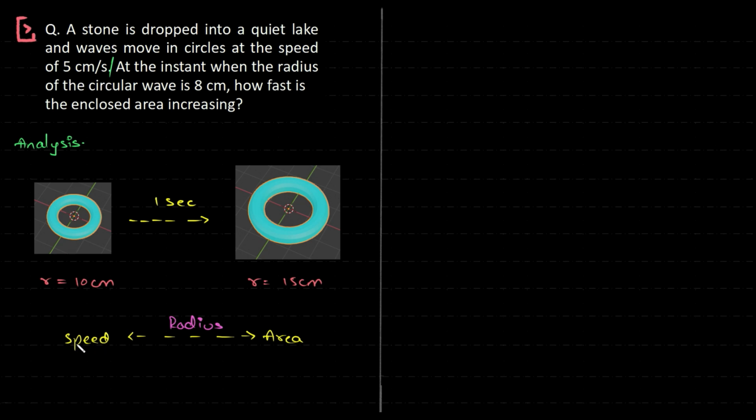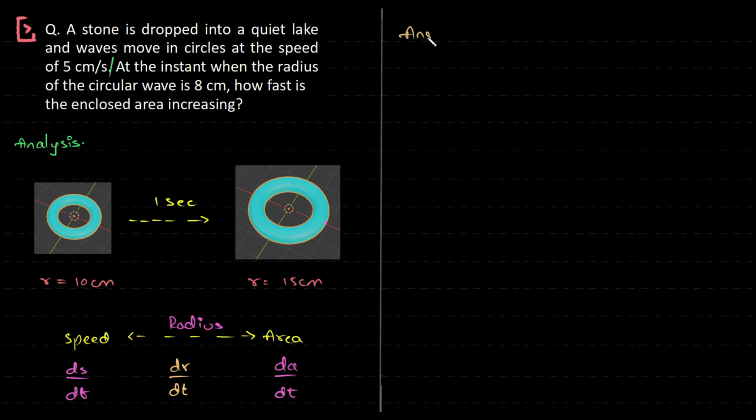When they're talking about the speed of this point moving out, they're talking about the radius, at what pace it is increasing. So basically we have dr by dt. We need to figure out dA by dt, and indirectly they have given us dr by dt. So the radius is the quantity which links all of these.